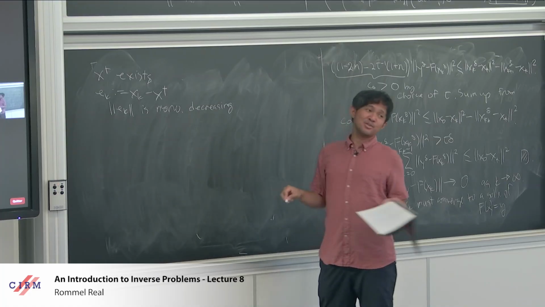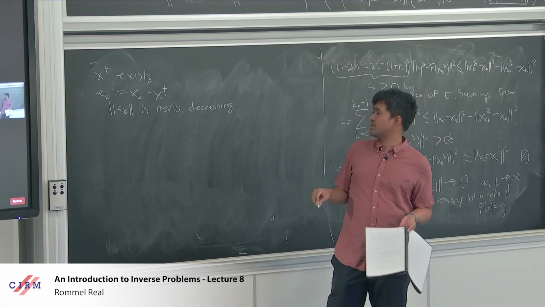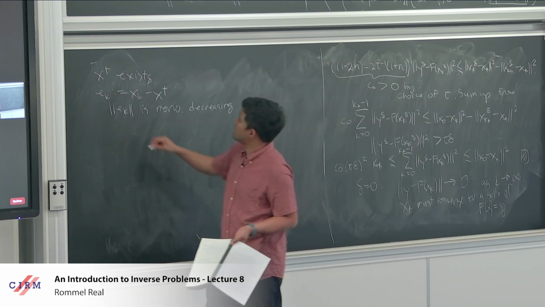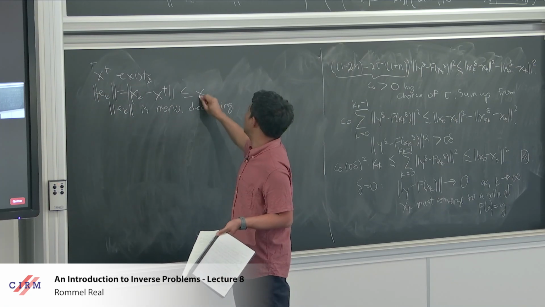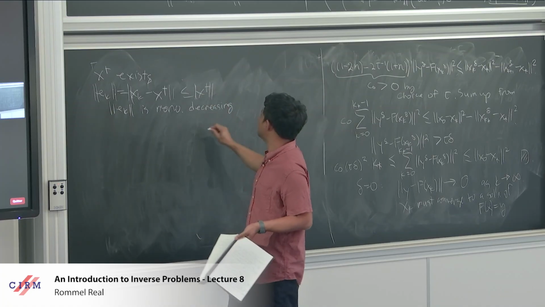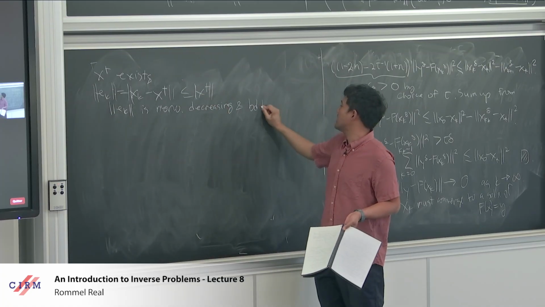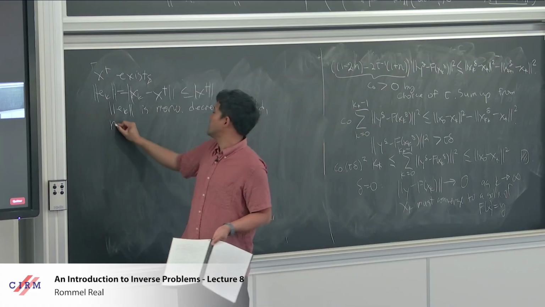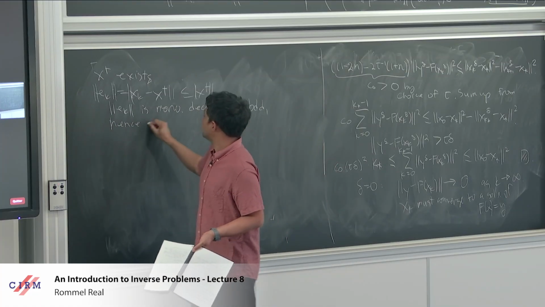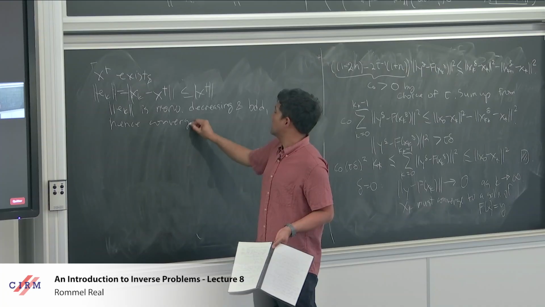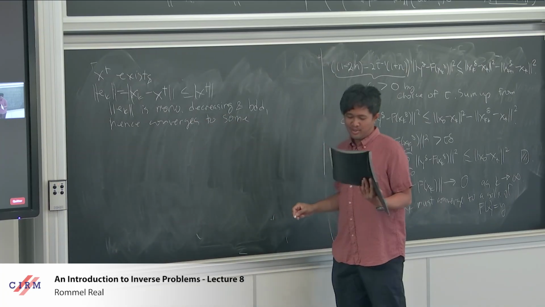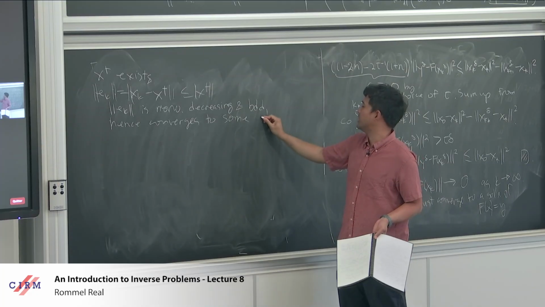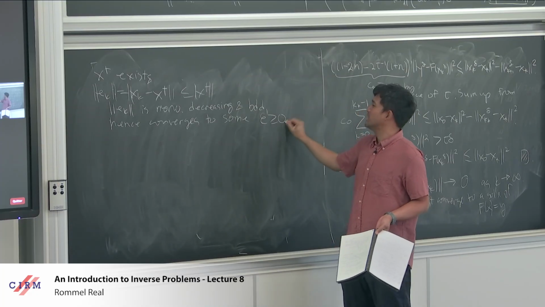In fact, it's also convergent because from the triangle inequality, we know this one is bounded by the norm of x dagger. So it's also bounded. Hence, it converges to some number, let's say epsilon.